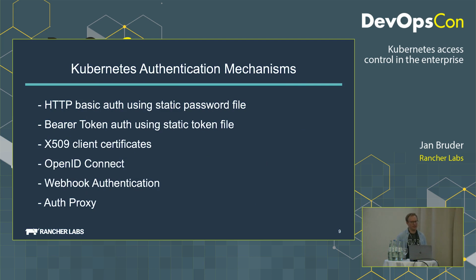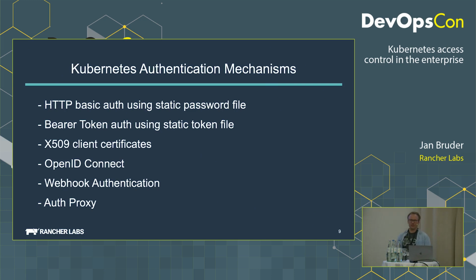So these are basically the native authentication mechanisms for Kubernetes. The first two, I would say, are not interesting at all, because the first one is HTTP basic auth with a static password file, and the second one is using a Bearer token, basically a token that you put in the HTTP header, which also uses a static token file.